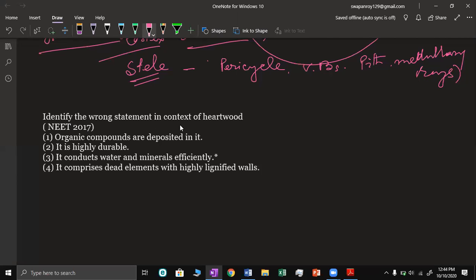Identify the wrong statement in the context of heartwood. This is a NEET 2017 question. Incorrect statement. First statement is organic compounds are deposited in it, in the heartwood.